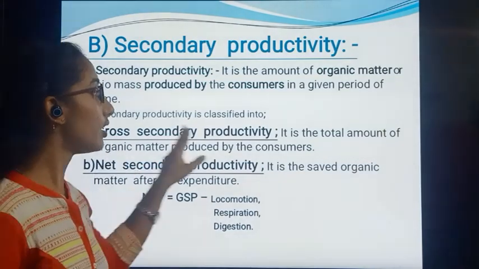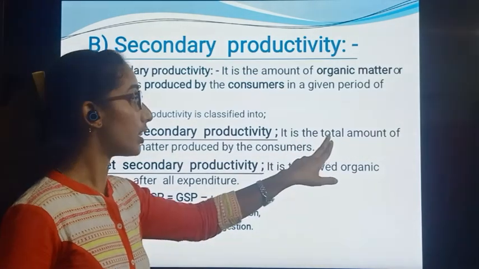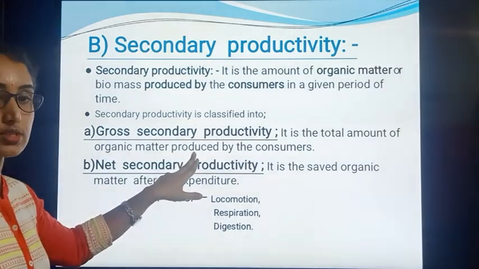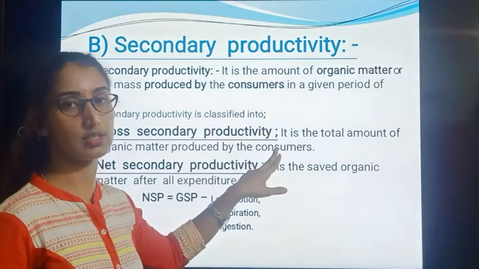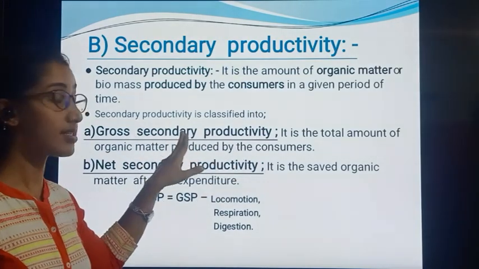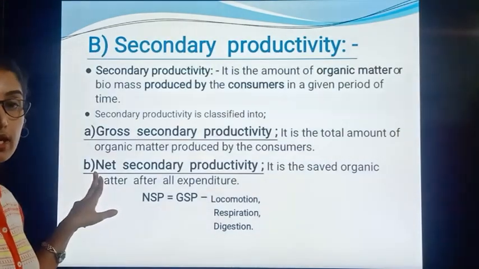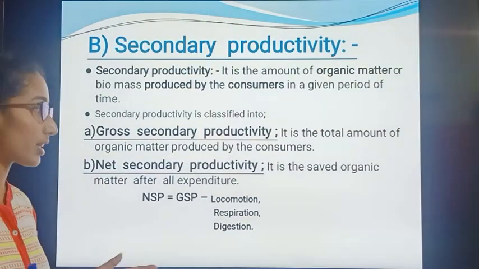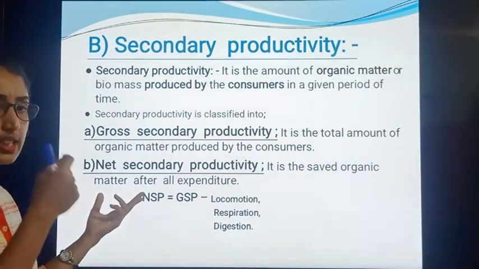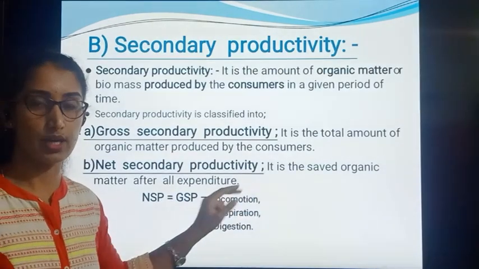Gross secondary productivity means the total amount of organic matter produced by the consumers. What about net secondary productivity? It is nothing but the saved organic matter, after all the expenditure.